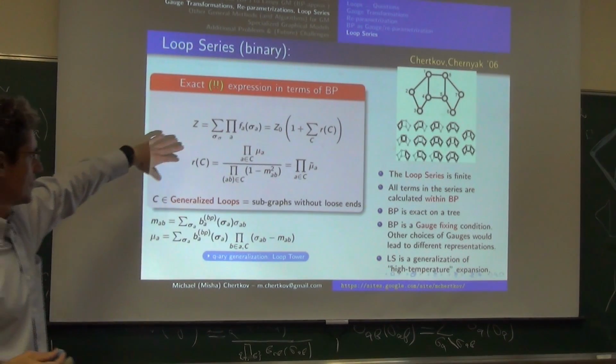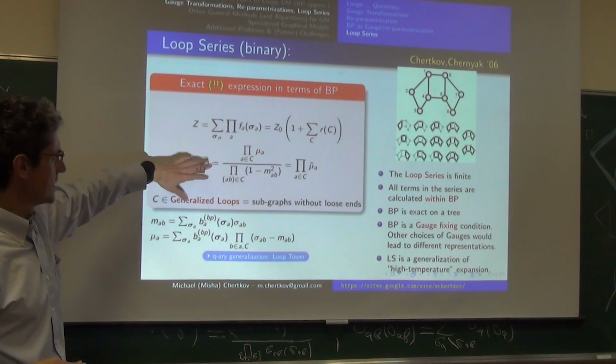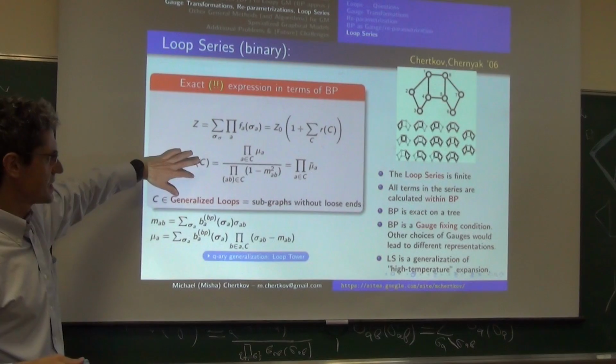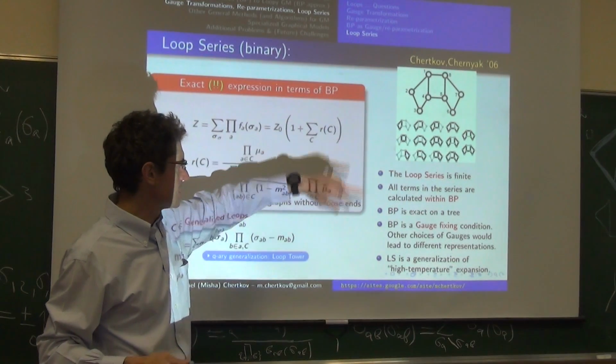So this particular format is actually very simple. In the case of a binary alphabet, it's a very simple expression and actually rather intuitive for each term in this loop series. So those C's are generalized loops.